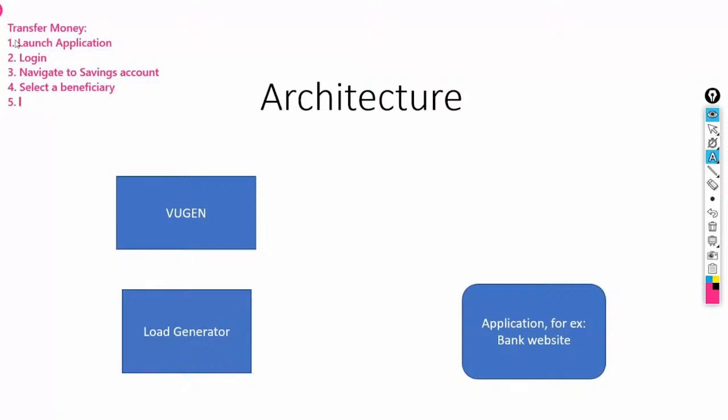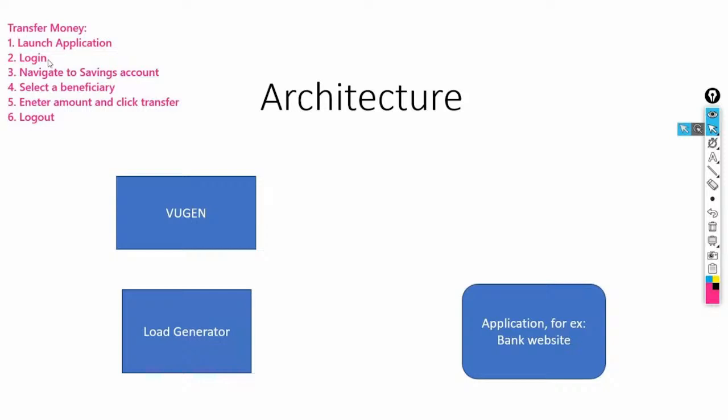Then the user will enter the amount, maybe click the transfer button, then log out. So these are the steps that you need to perform for the transfer money scenario. Here, transfer money is one scenario within the bank application, and for this scenario, these are the detailed steps that we need to test.